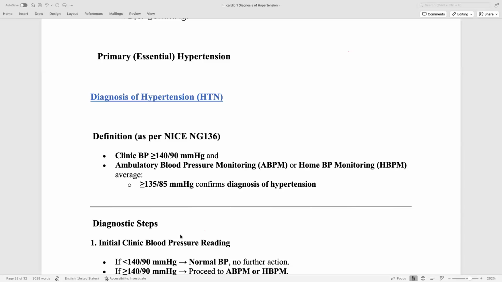Both are the same. Whichever is available, we can use it. Anyone aware of the difference between ambulatory and home monitoring? Anyone? Ambulatory is continuous monitoring of blood pressure every 30 minutes. It is kept for 24 to 48 hours.